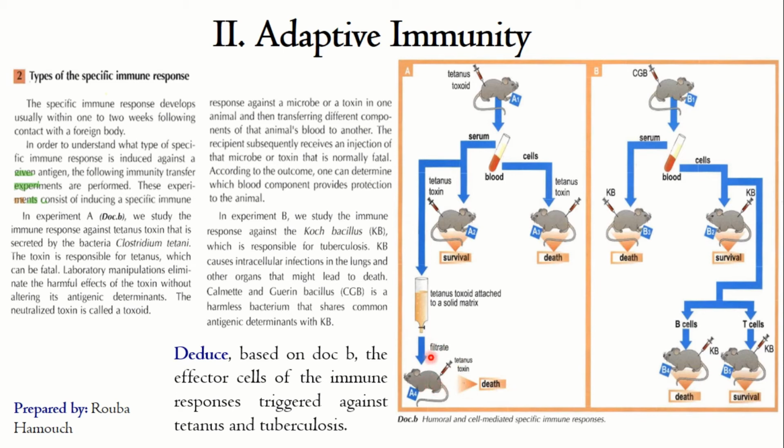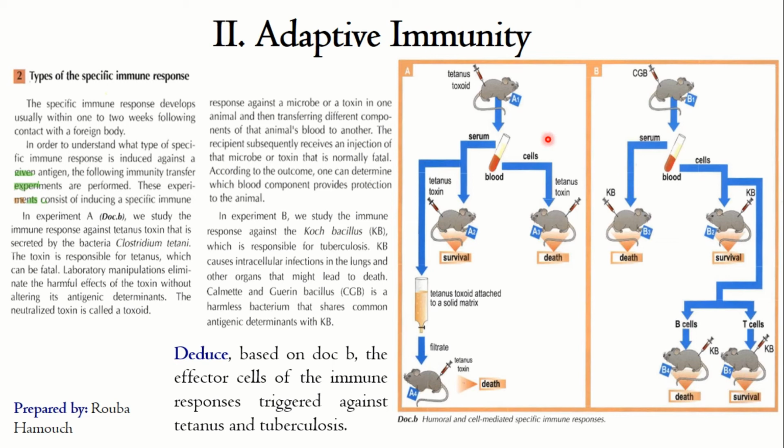Thus, there are molecules found in the immunized serum that protect the mouse A2 from tetanus toxin. We can say that the serum contains antibodies, anti-tetanus toxoid antibodies.